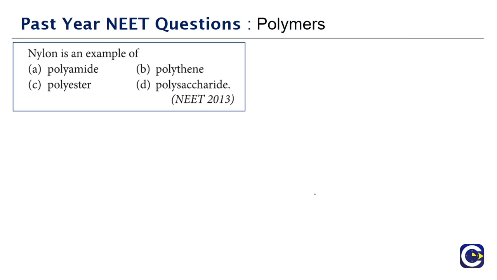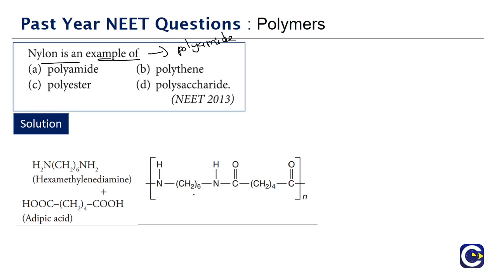Next we have a question on the basic nature of the nylons. Nylon is an example of, we already talked about it, what is it? It's an example of polyamide. If we look at any of these nylons, for example nylon 6,6 prepared from hexamethylene diamine and adipic acid, it has 6 carbons each. That's how the name nylon 6,6 comes. So if you look at nylon 6,6, what do we have?